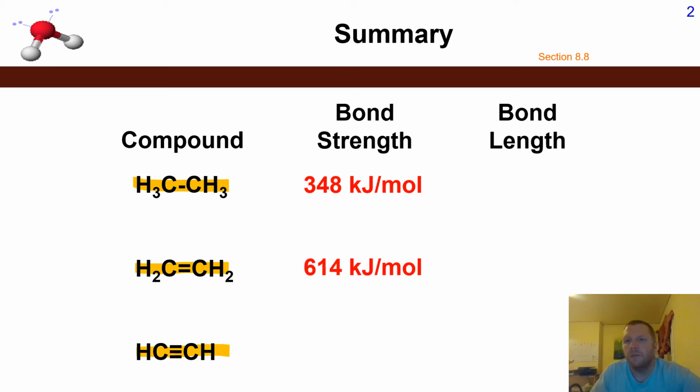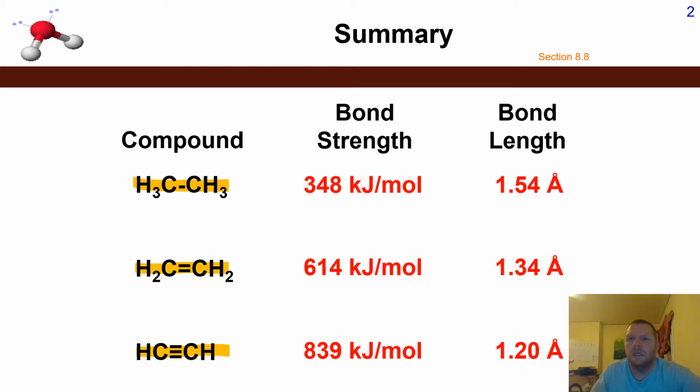Now, with this table, what I want you to see is that bond strength is increasing. As we go from a single to a double to a triple bond, our bond strength is going up and our bond length is going down. So the shorter the bond, the stronger the bond. That's a good way to remember it: shorter means stronger, longer means weaker.